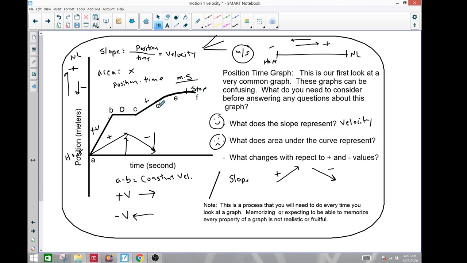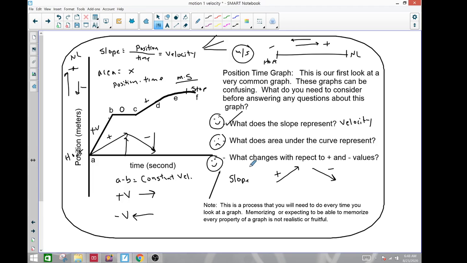So there are lots of little things here that can really mess with you. You've got to think it through. If you understand what the slope means, and you understand what's positive and what's negative and what they mean, even if you forget it and have to re-rationalize what it means and re-answer that to yourself, you're good to go.